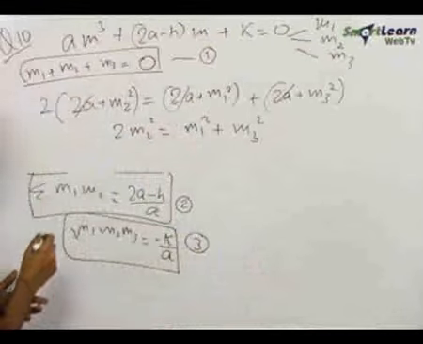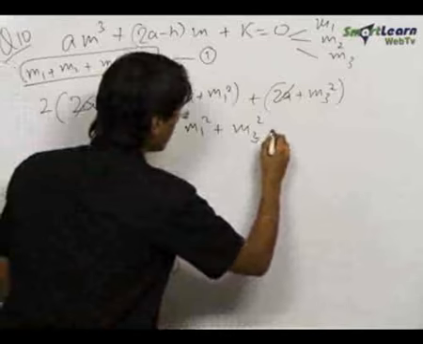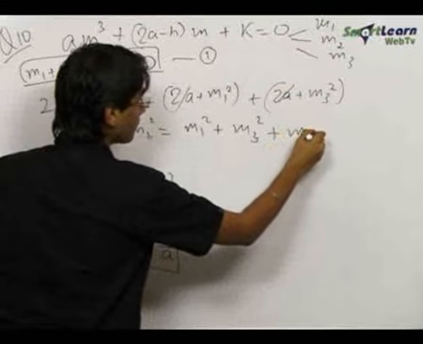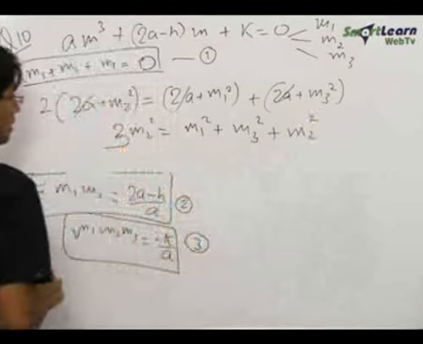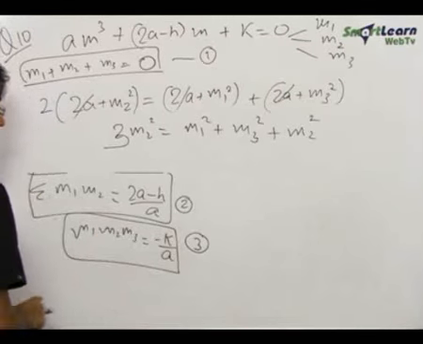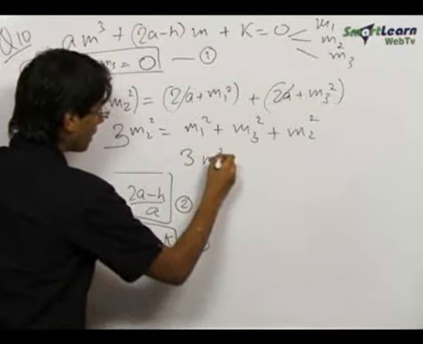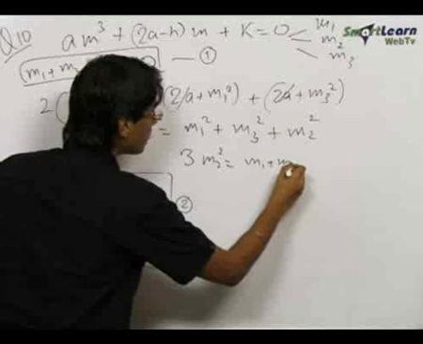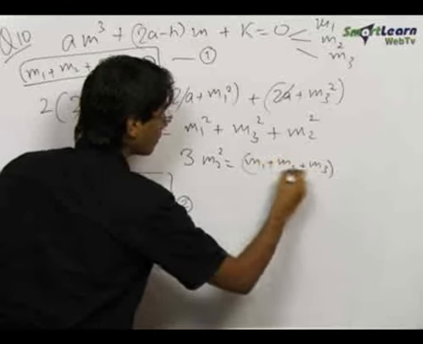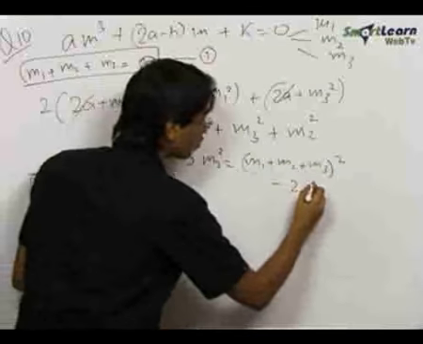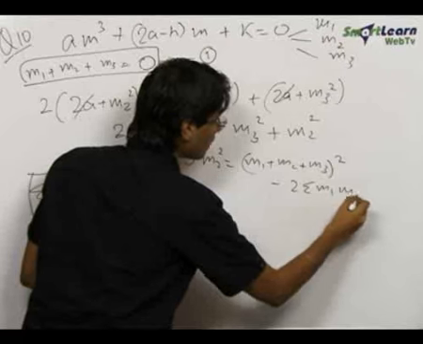Now what we can do is add m2 square both sides to get 3m2 square, and we can write this as m1 plus m2 plus m3 whole square minus 2 sigma m1 m2.